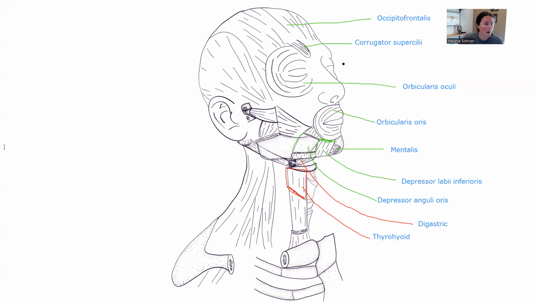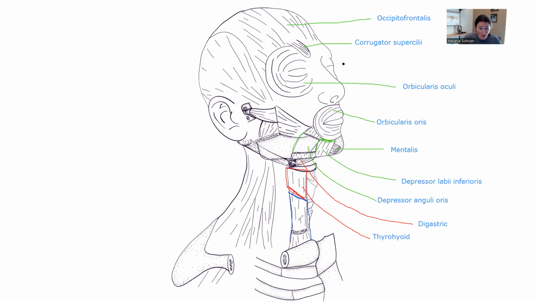We have a muscle that is attaching to the thyroid cartilage and all the way down here to the sternum. And so I want to point out that both of these muscles are deep to another muscle here.